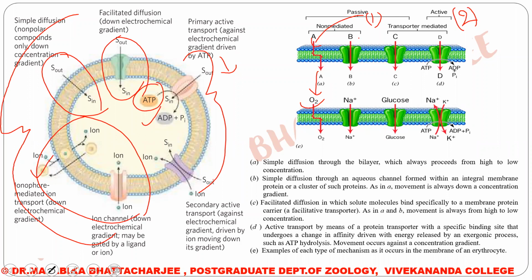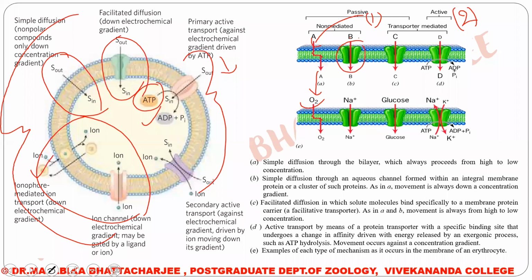Now, if you look into the B picture, you can see the presence of an aqueous channel in the membrane, and this channel is helping for the movement of molecules from a higher concentration to a lower concentration. So this is facilitated. So a channel is facilitating the movement of a particle.